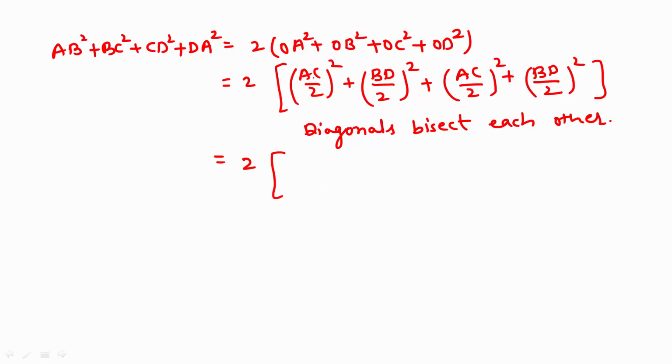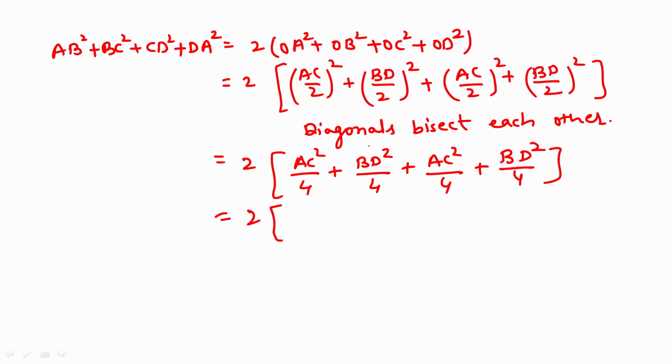Like this: AC by 2 whole square means AC square by 4, plus BD square by 4, plus AC square by 4, plus BD square by 4.